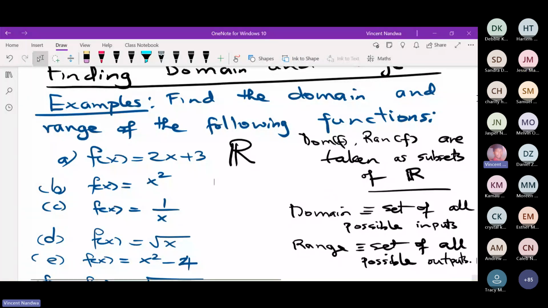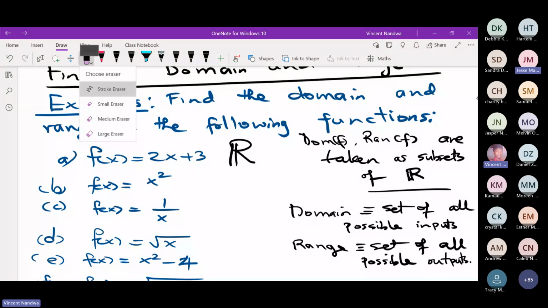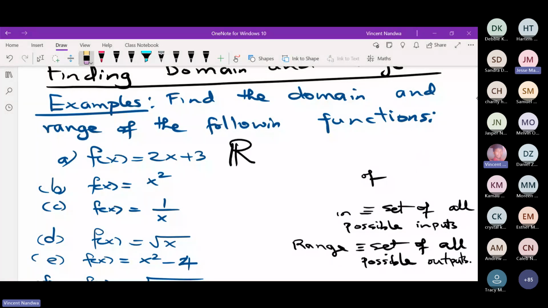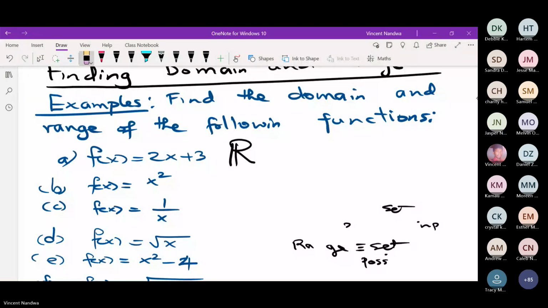Sorry. So we say that the domain is the set of all real numbers, or you can simply write R. There are many ways of putting your answer. You can write R, or you can put in words the set of all real numbers, or you can write the set in interval notation, from negative infinity to positive infinity. So different versions, but just stick to one.